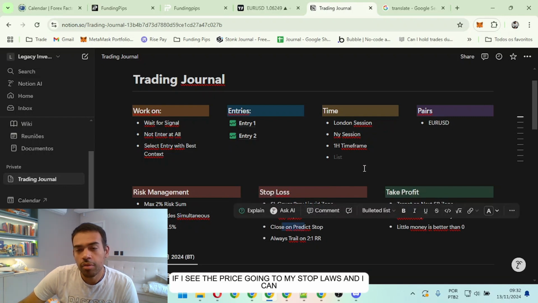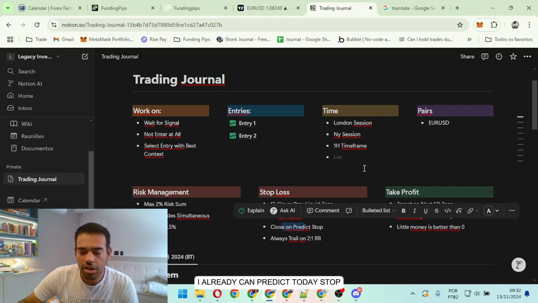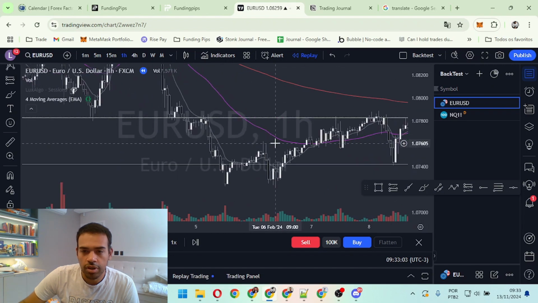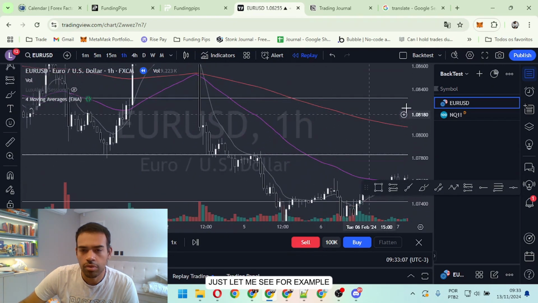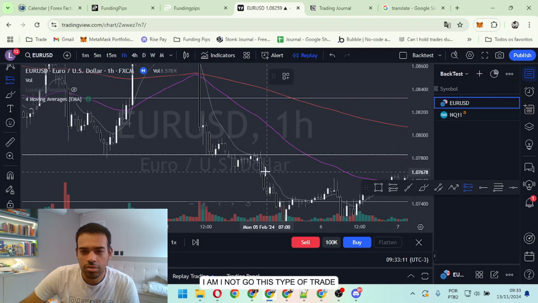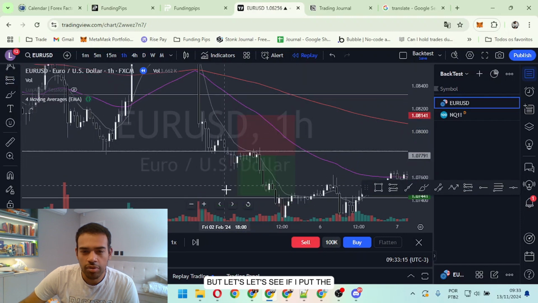If I see the price going to my stop loss and I can already predict the stop, I need to close the trade. For example, just let me see. I don't take this type of trade, but let's see.